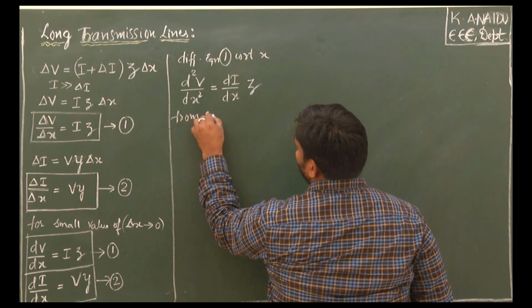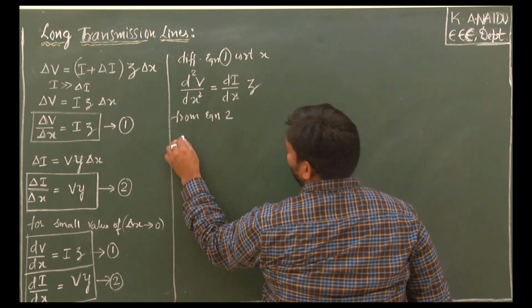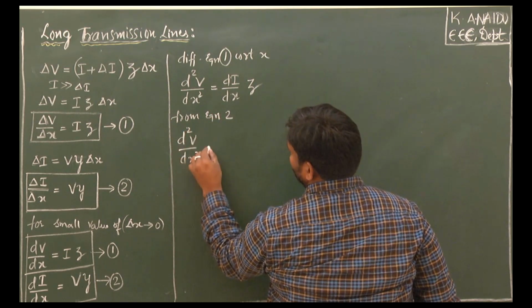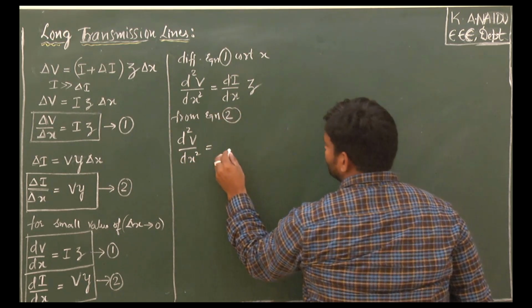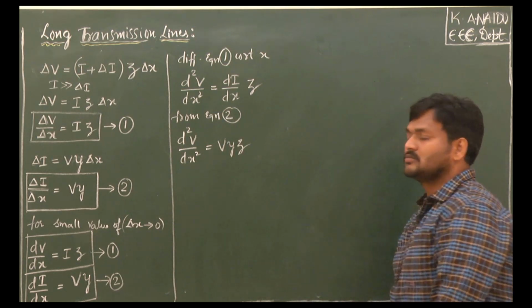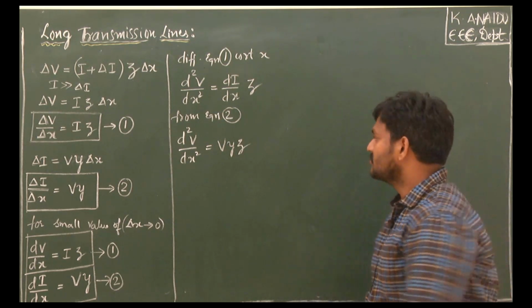From equation 2, you can write d square V by dx square is equal to V into Y into Z. Is this clear?